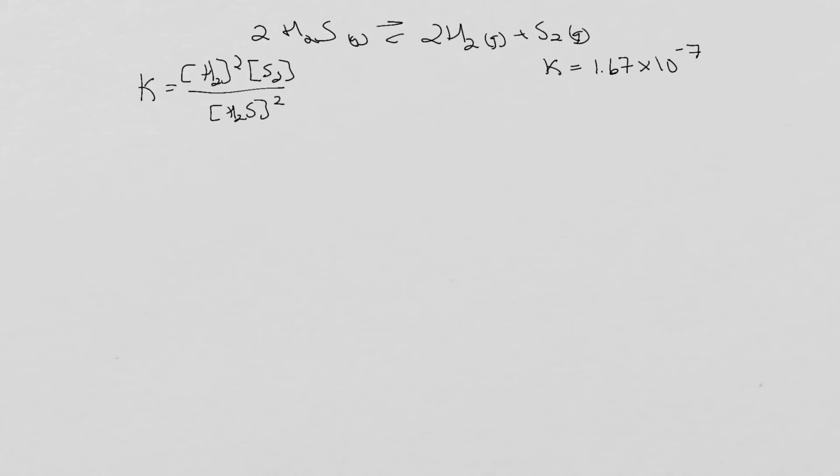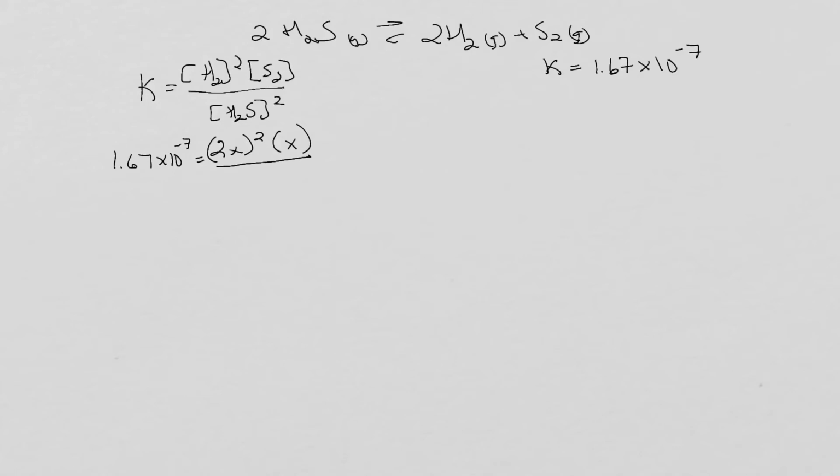Now we can plug in the numbers that we know. So we know K is 1.67 times 10 to the negative 7 equals, from our ICE table, we found H2 had an equilibrium concentration of 2x, squared. S2 had a value of x.